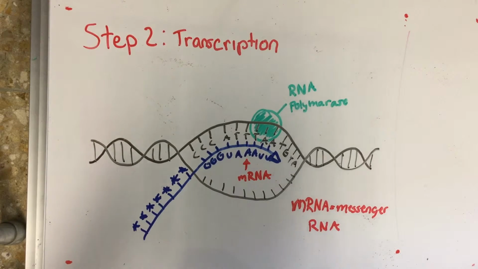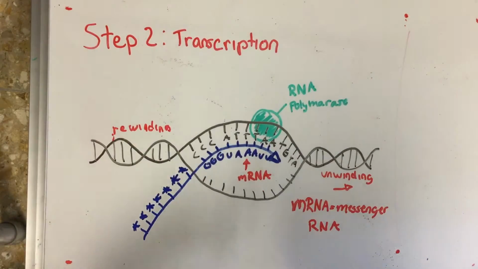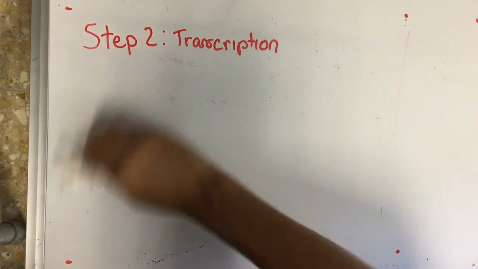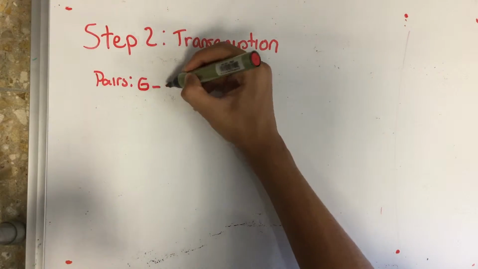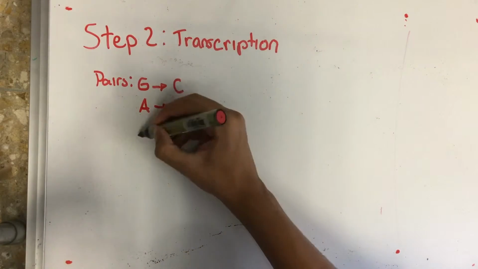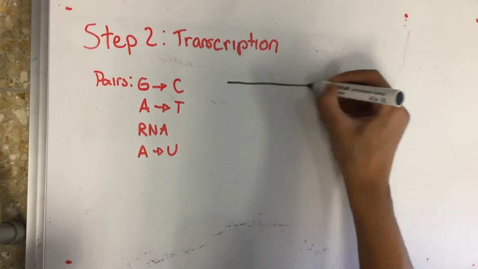So the mRNA starts to copy by attaching to the unzipped DNA. The cytosine component in the DNA will connect to a guanine component in the mRNA. A guanine component in the DNA will connect to a cytosine in the mRNA.